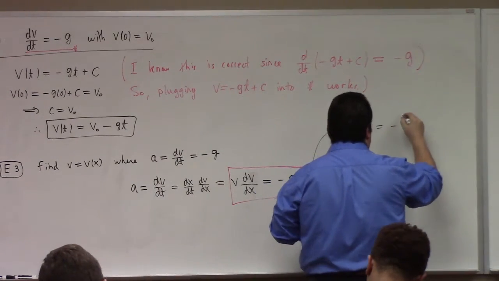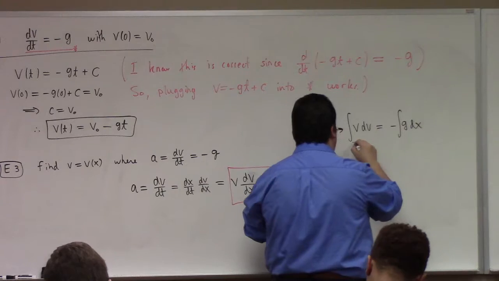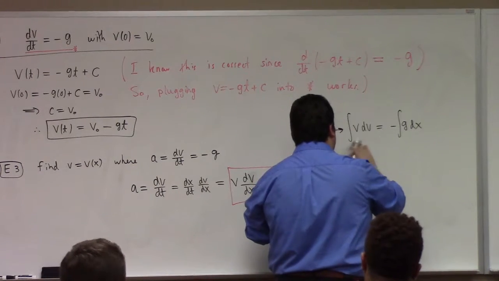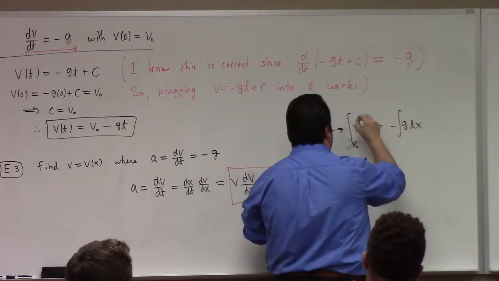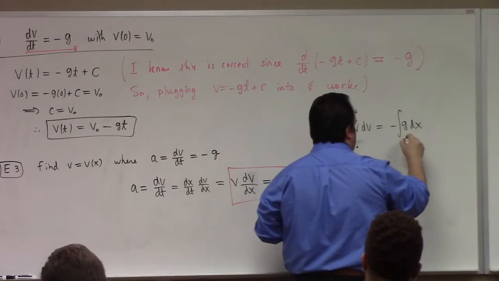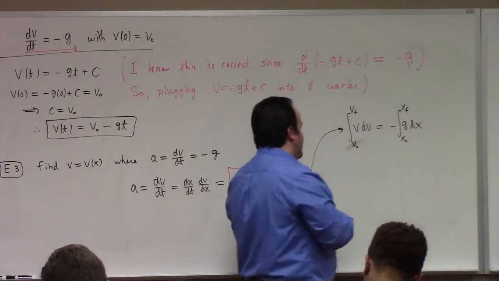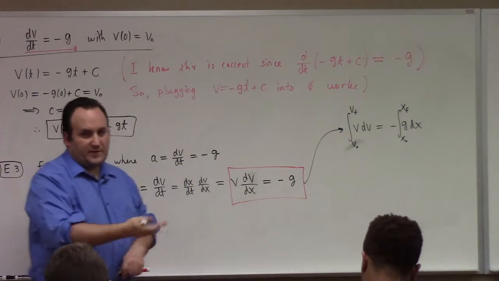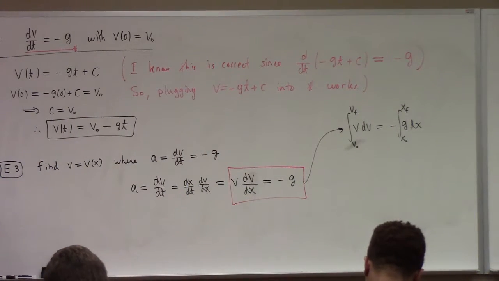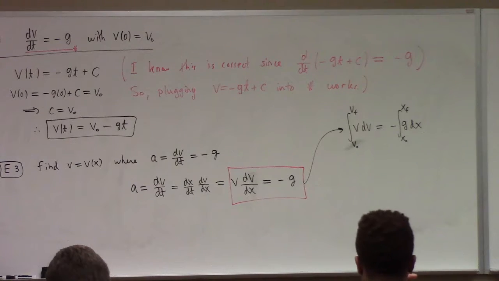And I'm going to do this the smartest way I know, which is to integrate from v naught to vf, and I'll integrate the other side from x naught to xf. The mathematical justification for what I'm doing is just this u substitution. You have to match the bounds, right?